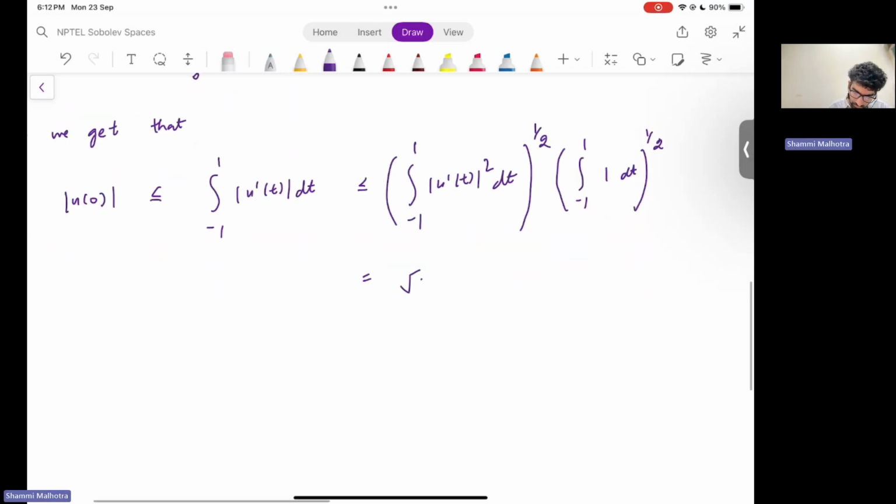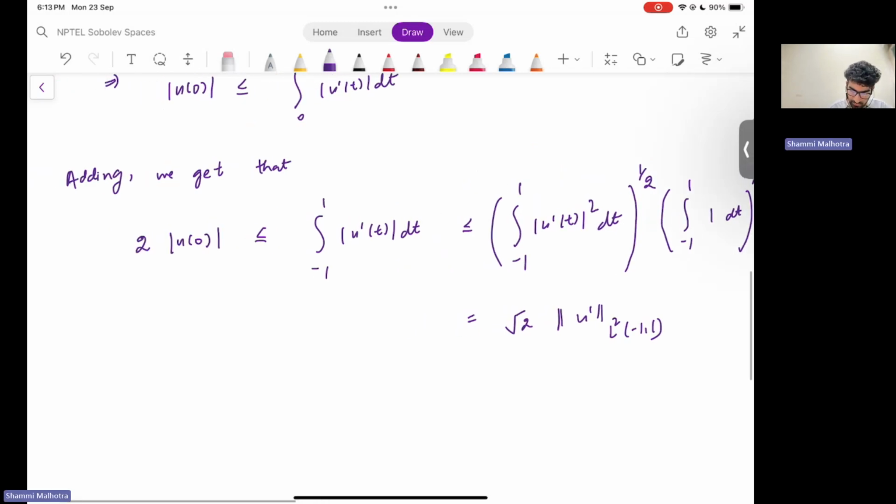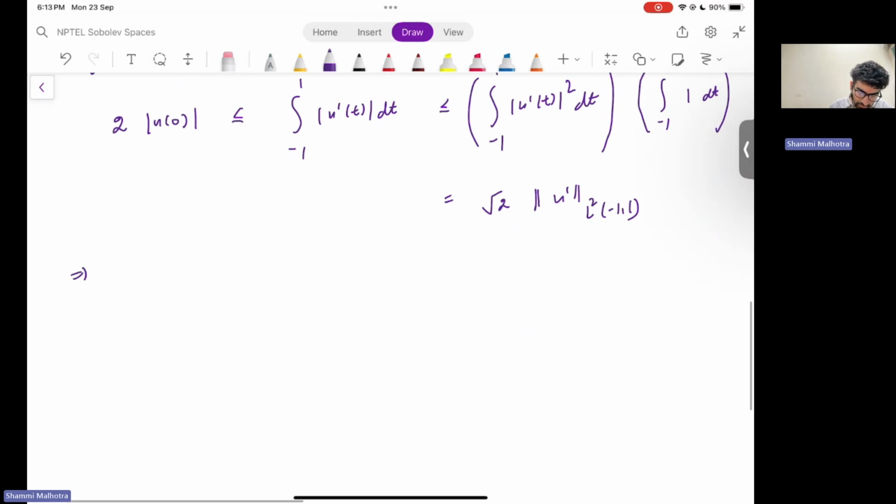So this is square root of 2 times the L2 norm of u'. And since we are adding, we have a twice 2 here. And this actually gives the mod of u(0) is less than or equal to 1 by root 2 times the L2(-1,1) norm of u'.